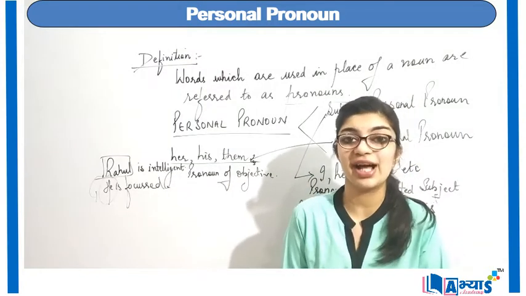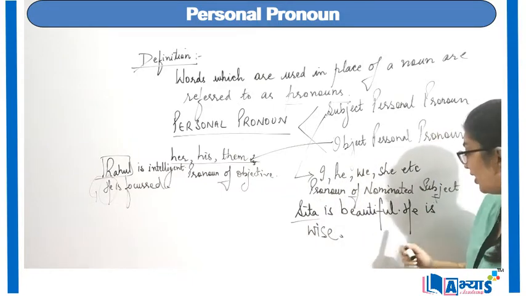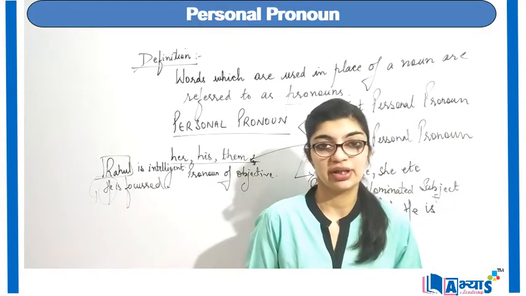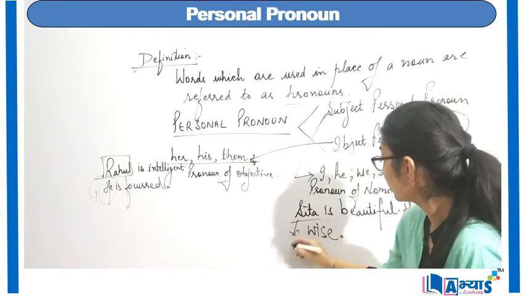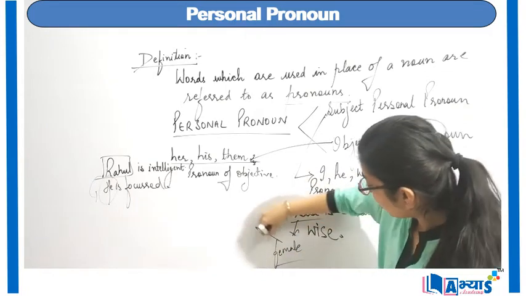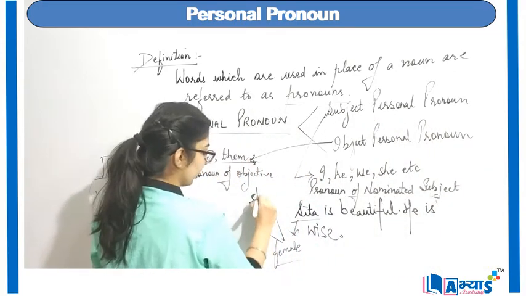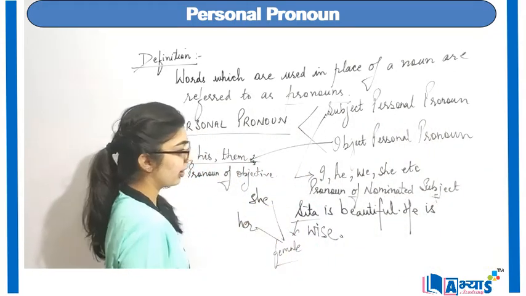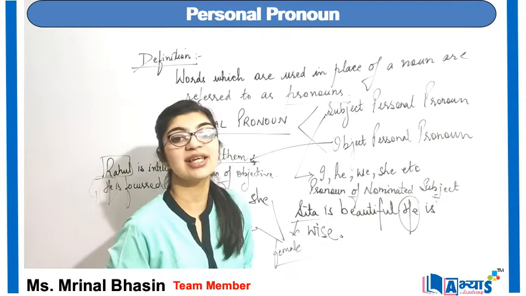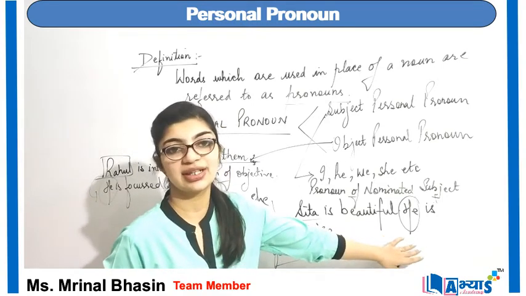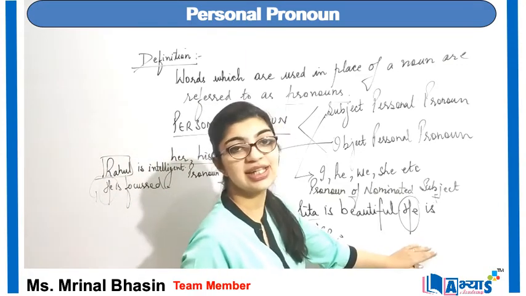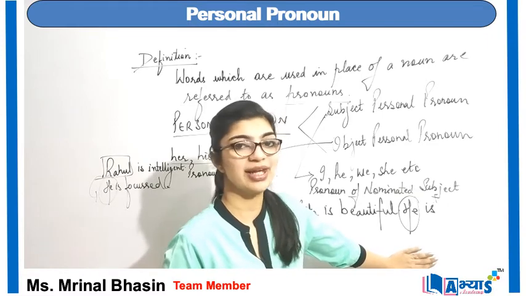So for example, I say Sita is beautiful, he is wise. Now we know that Sita is the name of a girl. A girl is a female, right? And for female, we will either use she or we will use her. But here I am making use of the word he. So my sentence is incorrect. The usage of pronoun is incorrect. Why? Because I will be using she for a girl, as he is always for a boy or for a male gender.